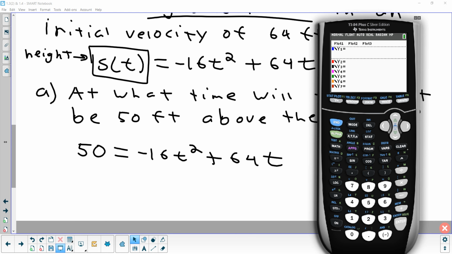And we're going to do 2 graphs. I want you to put in 50 on y1. And then down on y2, I want you to put in negative 16 x squared plus 64 x.